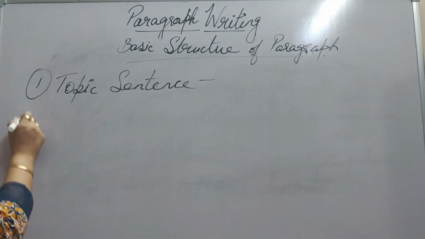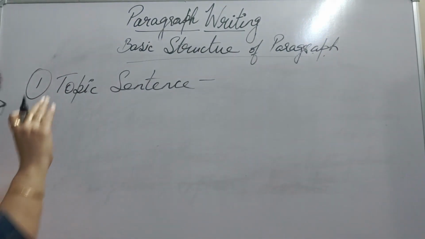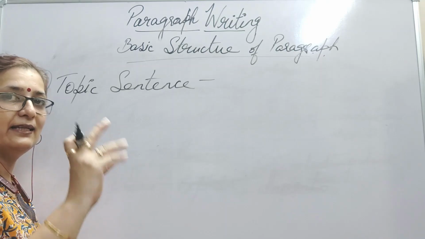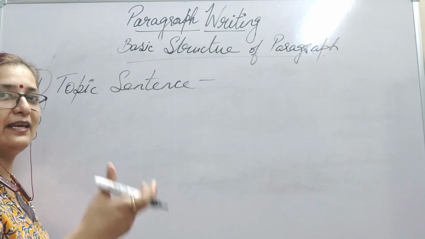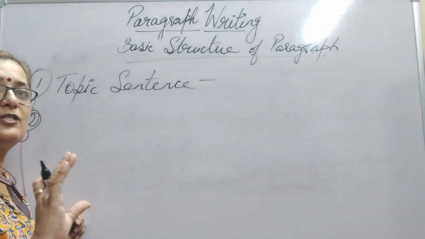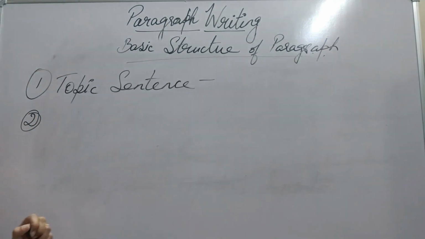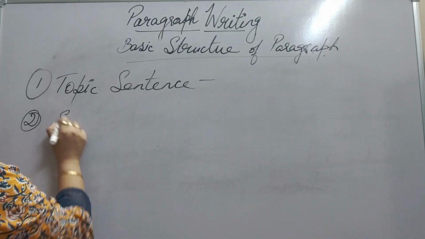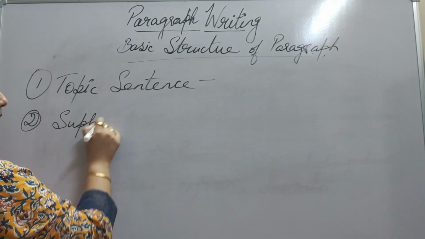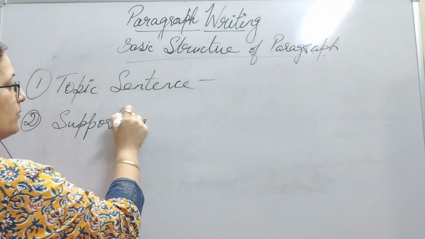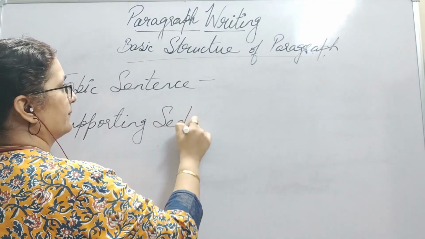Further, we come to the second part of the burger. When you saw the cutlets and the tomatoes, the seasoning, the ketchups and all those things, that was the body of the paragraph. Here we are calling it the supporting sentences.